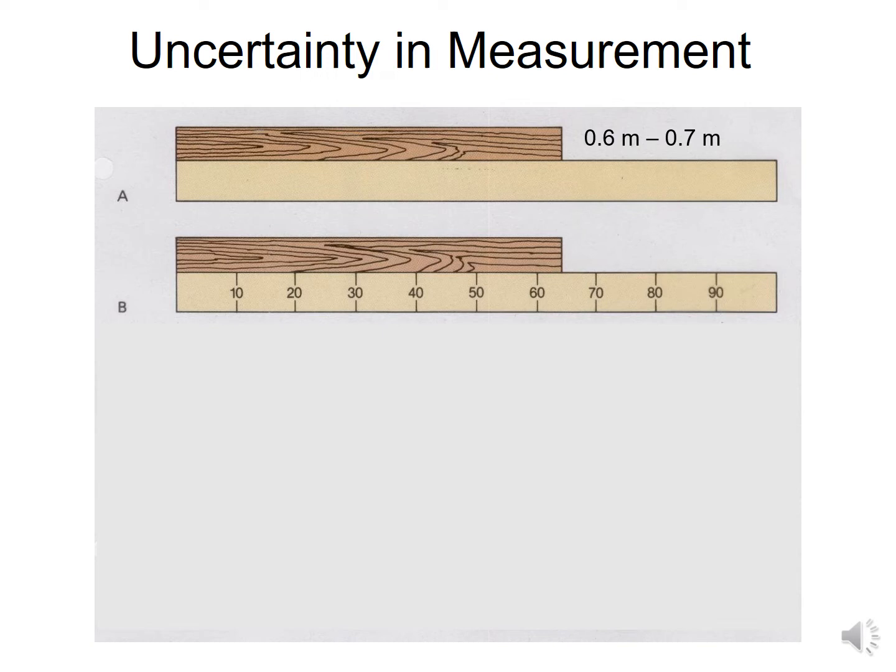Now we can refine it a bit by saying, all right, we can see it's between 0.6 and 0.7, but we can also estimate the length of it a bit better, which all you have to do is essentially divide this interval between 0.6 and 0.7 into 10 parts, mentally that is, and then we see that the stick doesn't quite reach the half mark here. That is, it's less than 0.65. Therefore, it could be 0.63 or 0.64. It's not likely to be 0.65. And I'll just take one of these two values. I'll say it's 0.64 approximately.